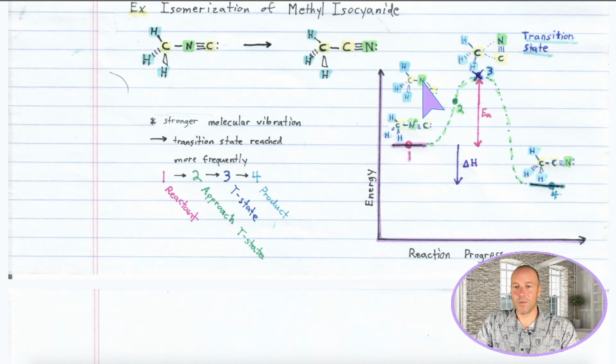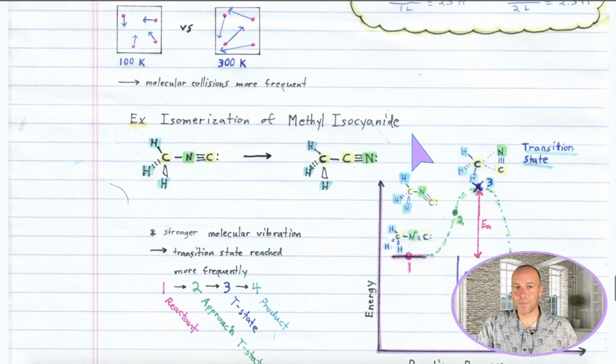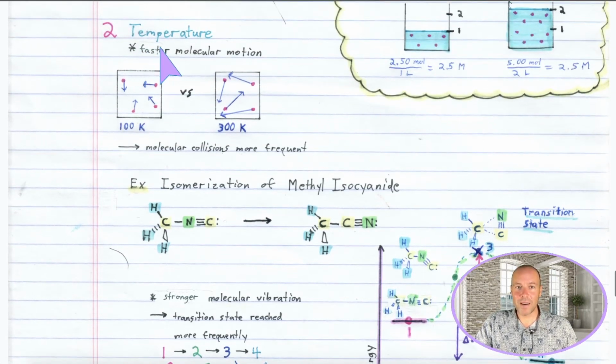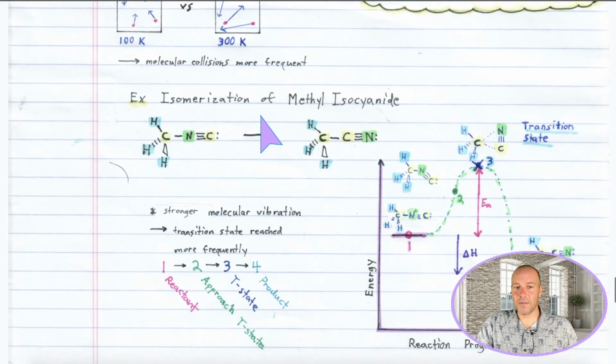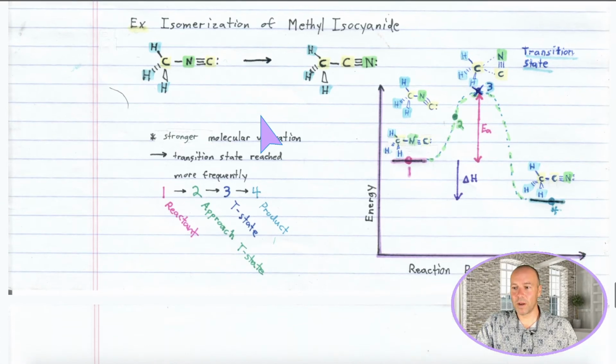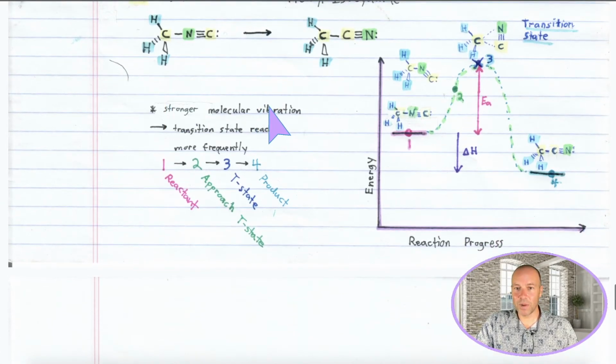Now, in order for the reactant to convert into this tipping point structure, this transition state structure, what probably happens is the bond over here kind of flaps around. Okay, molecules undergo vibrations, all right? And this molecule is constantly vibrating. Now, if the temperature is higher, not only do molecules move faster, but they vibrate more vigorously, stronger molecular vibrations.